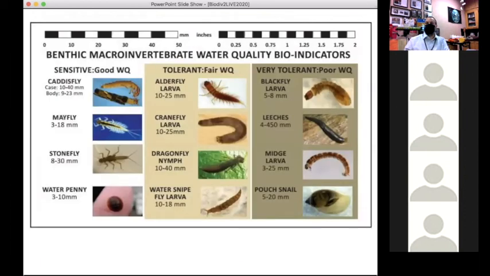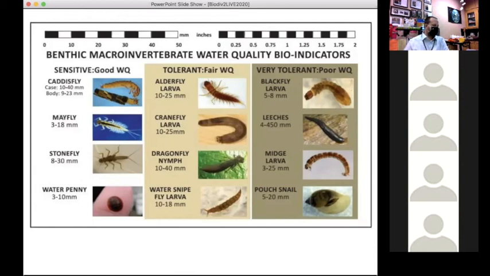And I know a lot of first-year ecology programs at colleges will have you go out and do this as a lab. You will go out to a creek and you will flip over rocks and you will look for macroinvertebrates, little insects and things that live in the water. And you're able to tell very quickly by what lives there and how big it is, what kind of water quality it is.